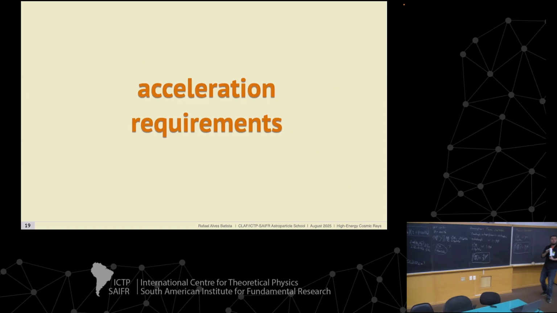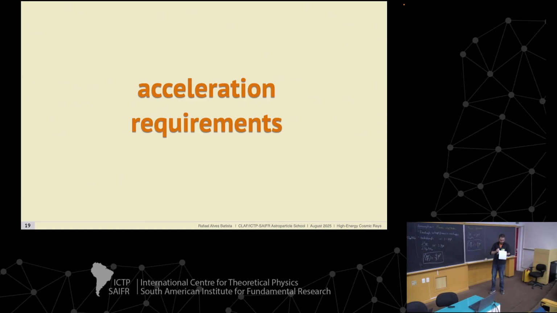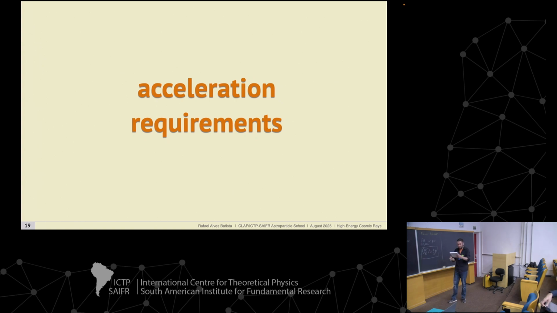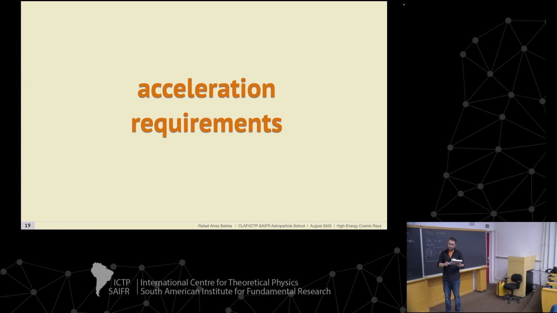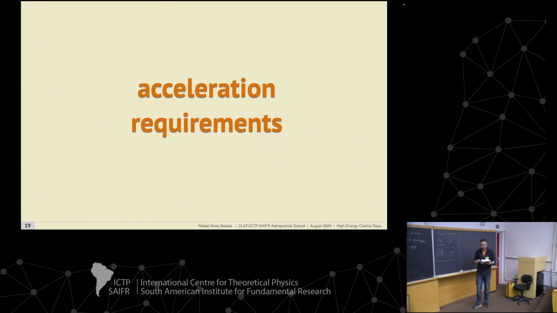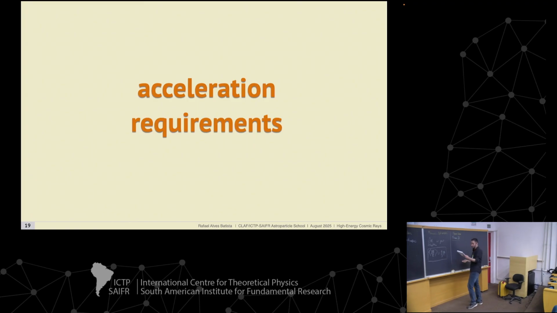So the whole idea. Let me show this for the second order. Well, I would need to show it for both, but the derivations are similar. For Fermi second order, we want to show the spectrum, right?